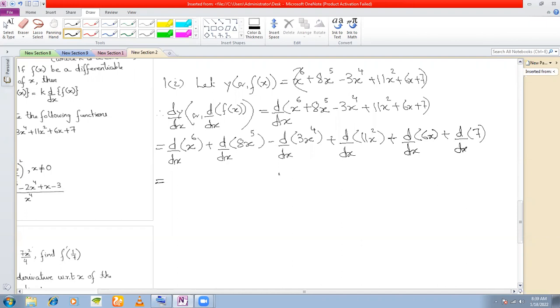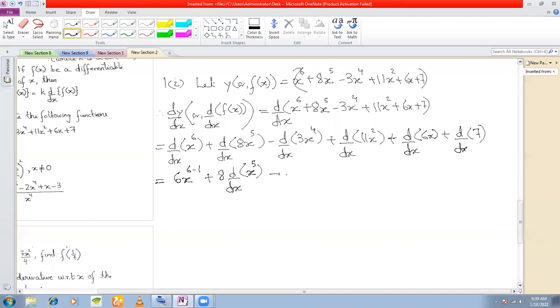For the first one, from the formula d/dx x to the power of n equals n x to the power of n minus 1, n here is 6. We write this as n x to the power of n minus 1. For the second one, 8 is a constant, you can take this out of the differentiation and write this as 8 d/dx x to the power of 5.